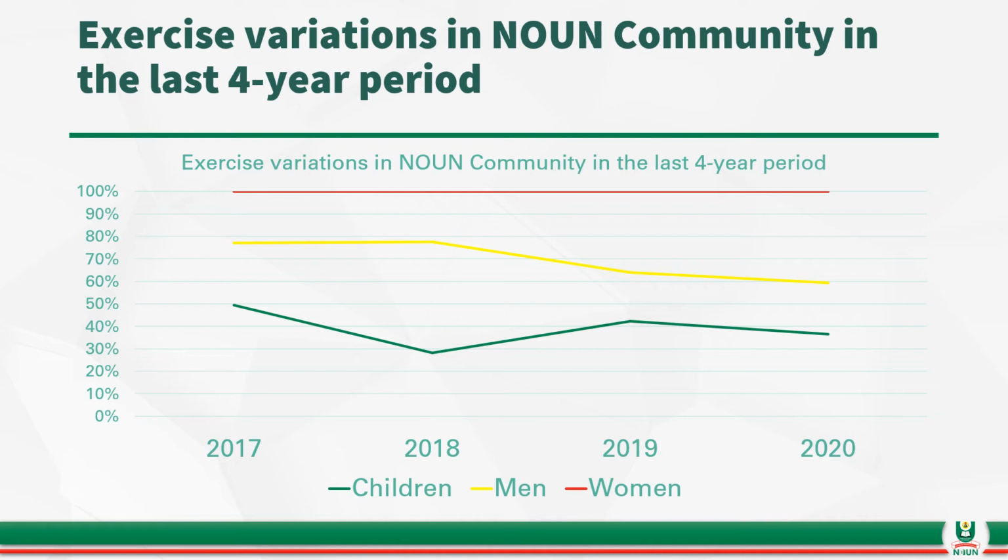That of children in green started in 2017 from 50%, and then came down to somewhat less than 30% in 2018, went up again to 40% in 2019, and then came down in 2020 to less than 30%. That's just like a pictorial chart of what exercise variation in the community is.